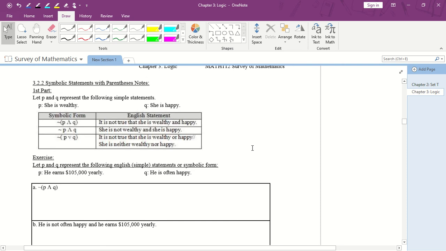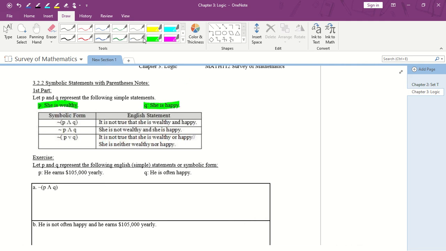Okay, so once you get this idea, we can go to the next item, which is symbolic statement with parentheses. It simply means that what we learned just now is inside here: P and Q, or P or Q. However, now it adds a parenthesis with a negation. So let's look at the questions here first. Let P and Q represent the following statements. P means she is wealthy, and Q means she is happy.